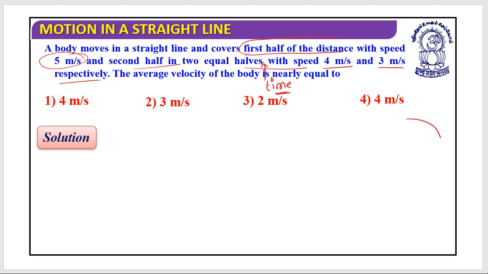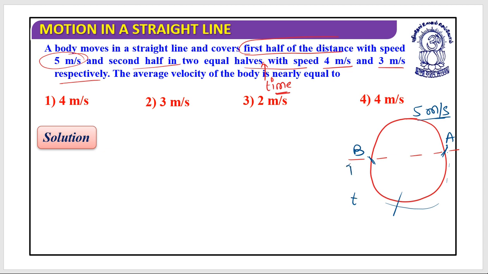Let's say this is their complete journey that has been divided into two parts. The first part, the first half of the distance, has been covered with 5 meter per second. Let's give them labels: this is A, this is B. The next half is divided into two equal times.